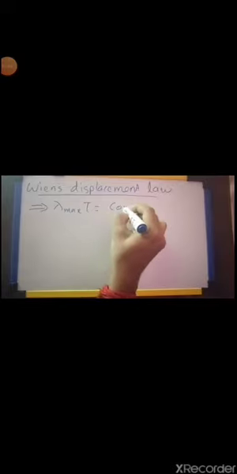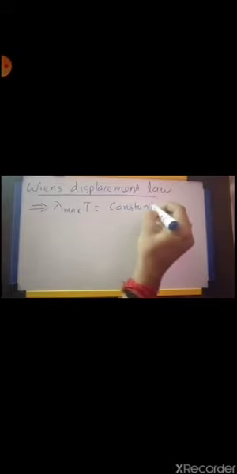That is lambda max proportional to 1 by T, where lambda max is the wavelength of maximum spectral intensity and T is the absolute temperature. It is lambda max into T is equal to a constant.